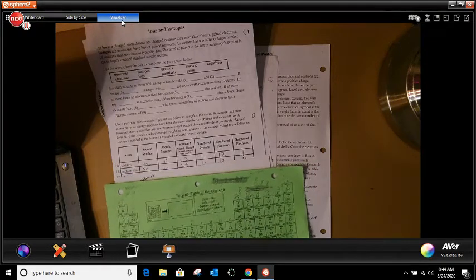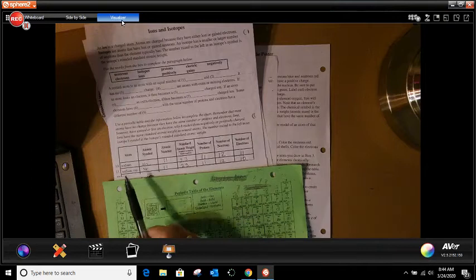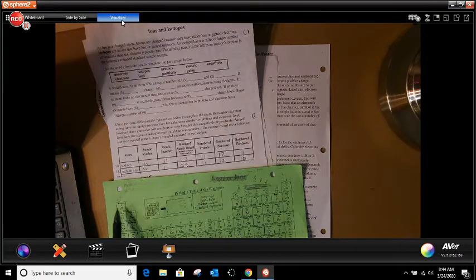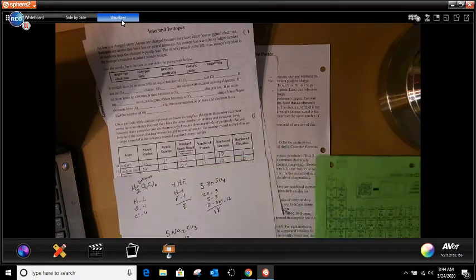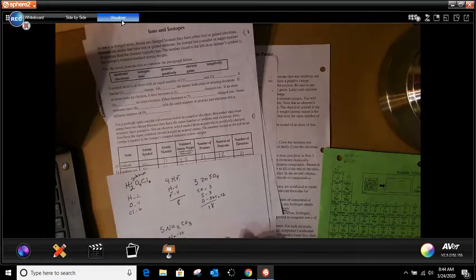The next one is actually showing you an anion. Remember, the charges go positive 1, positive 2, positive 3, positive or negative 4, negative 3, negative 2, negative 1, and then no charge. Remember, a cation has a positive number, and it donates.